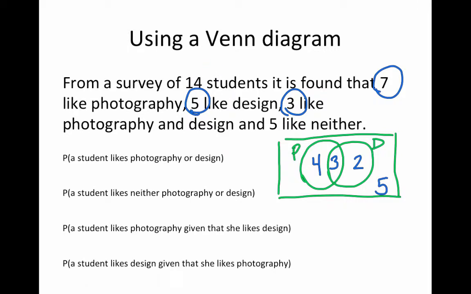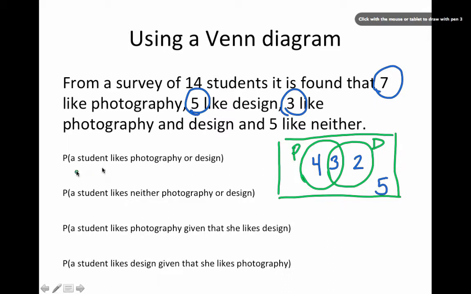Okay, so here are the probabilities that I want to find. First thing is I want to find the probability that a student likes photography or design. So this is in combined events, and if I have a Venn diagram with combined events, I just add up all the numbers inside the circle.